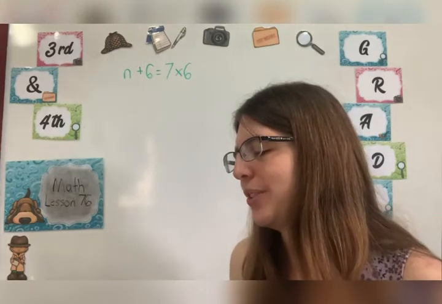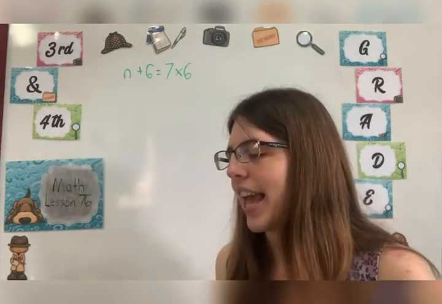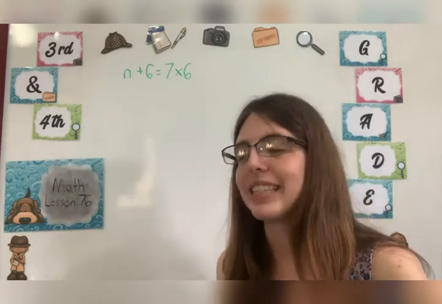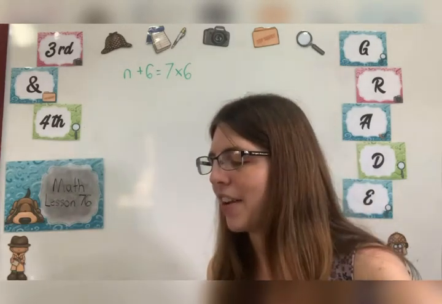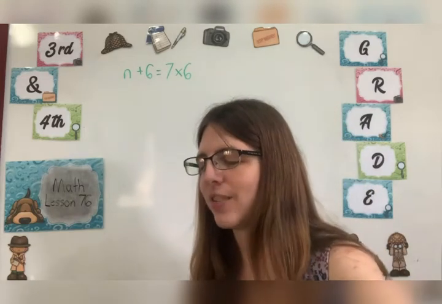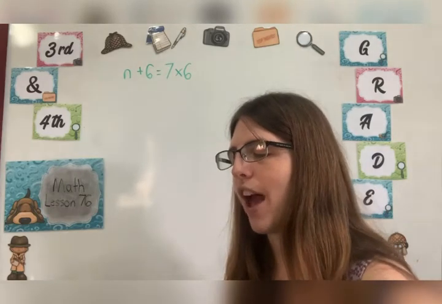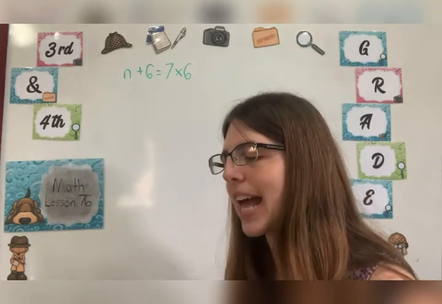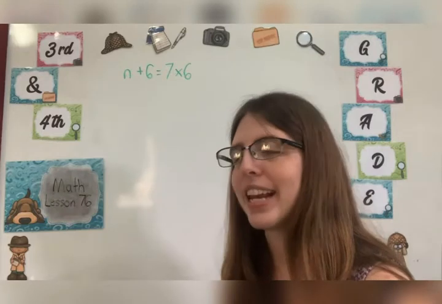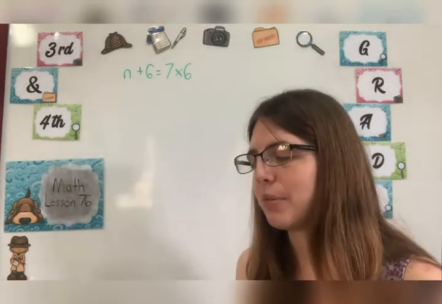All right, number 2 says solve the story problems. Letter A, Aaron and Andrew collect seashells. Aaron found 9 new shells while on vacation. Andrew found 3 times as many. How many did Andrew find? Okay, what's the story problem telling us?